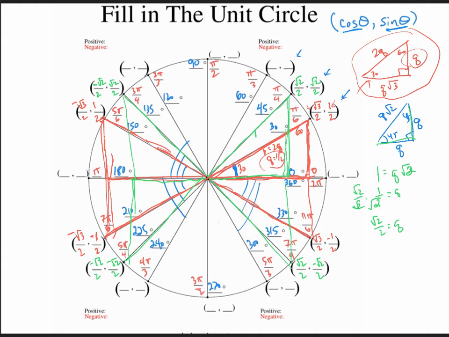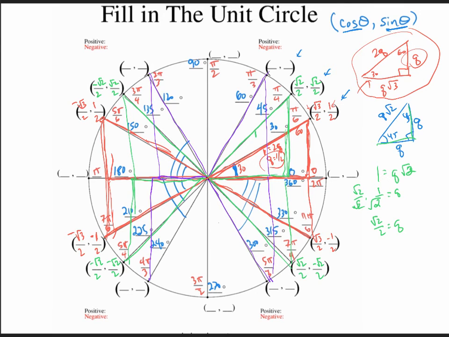Now, if we think about the 60-degree reference angles, which are this one and this one, all the way around, you can think that essentially these are going to be the 30, 60, 90 triangles that we did for the 30, but the x and the y are going to be flipped, right? Because the 30 and 60 are in different places.